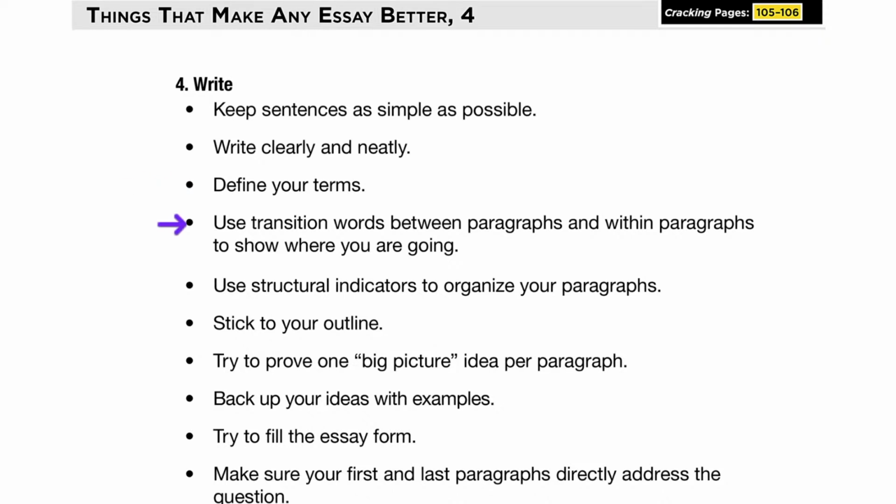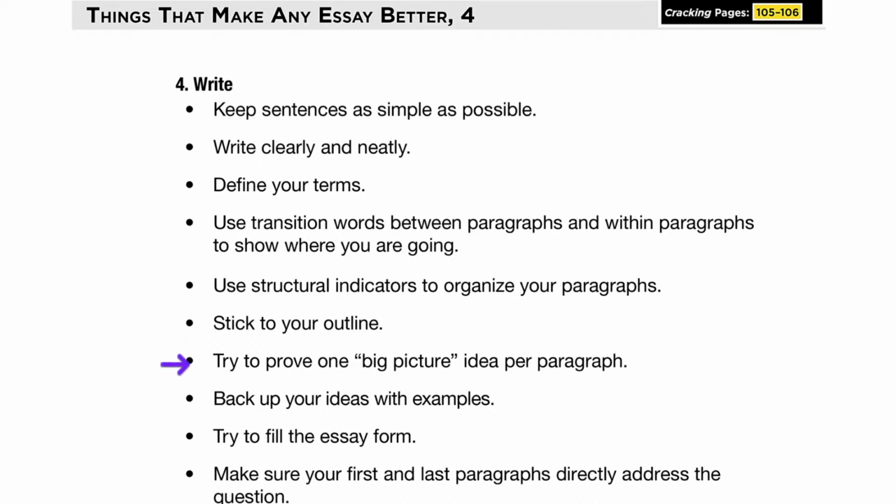Always look for opportunities to use transition words between paragraphs and within paragraphs. Don't just sort of jump from one idea to another. Use structural indicators, which usually just means skipping lines or indenting paragraphs. Stick to your outline as best you can.